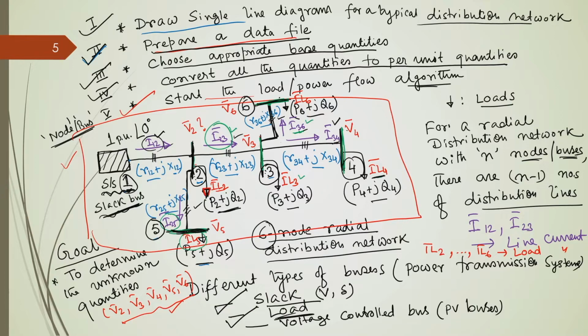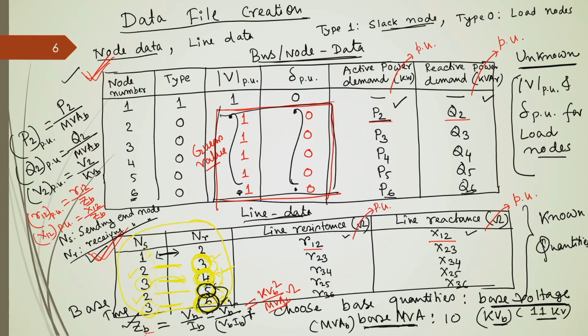Similarly, for node 6, that load current would be equal to the line current which is connecting node 3 to node 6. So, now you proceed to the next node, you will get node 4, again it is also not appearing on the sending end side. So, it is also a terminal node, and you follow the same principle.